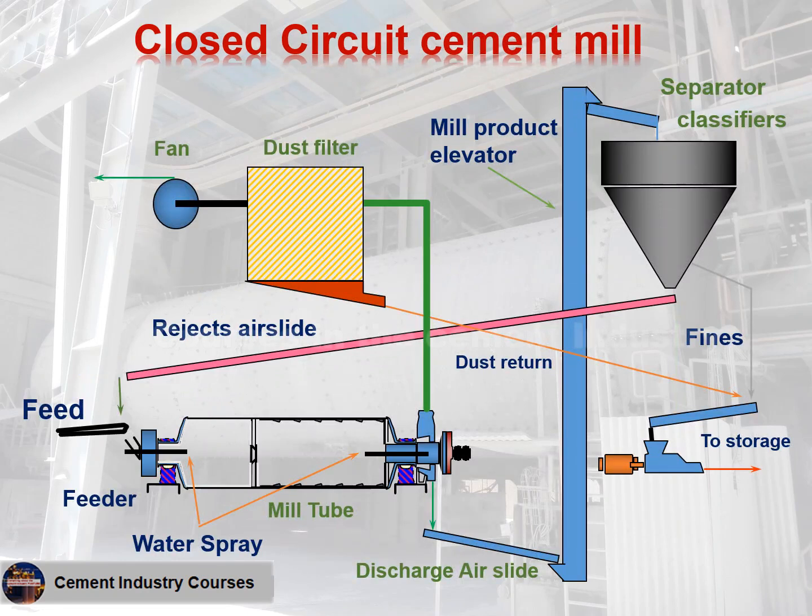It can also be defined as the closed circuit grinding system. All ground materials are led into a separator and classified into refined powder, fine and coarse powder. The coarse powder is returned to the ball mill and ground again with newly fed raw materials.